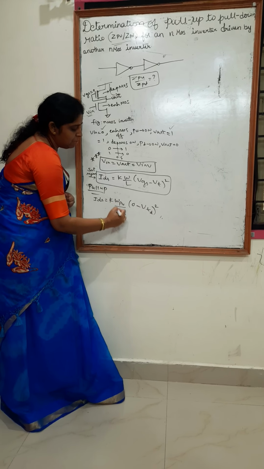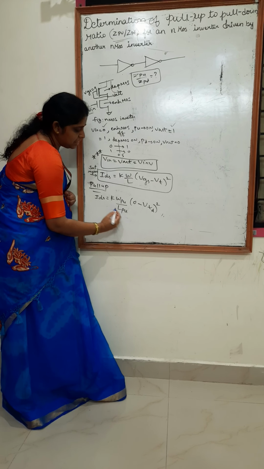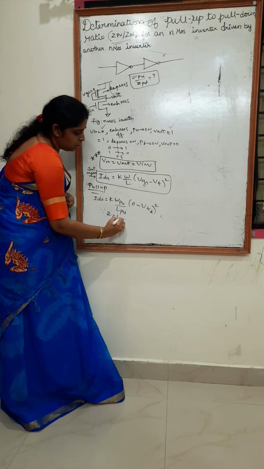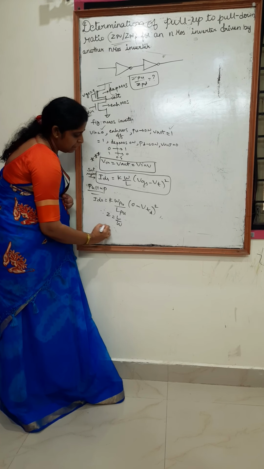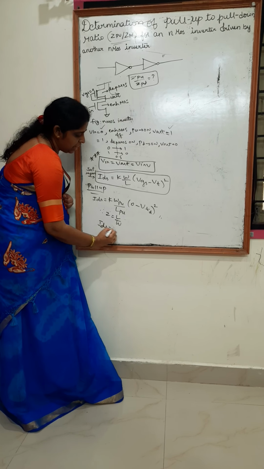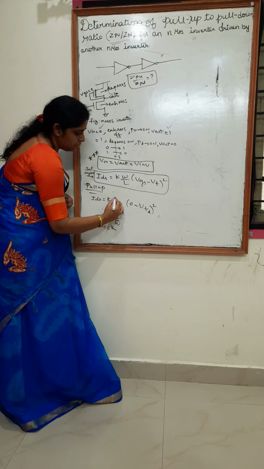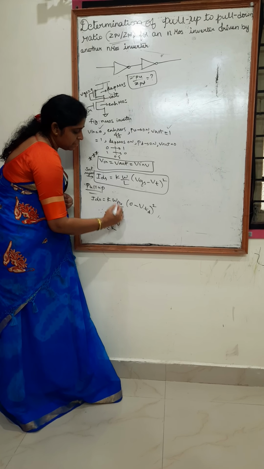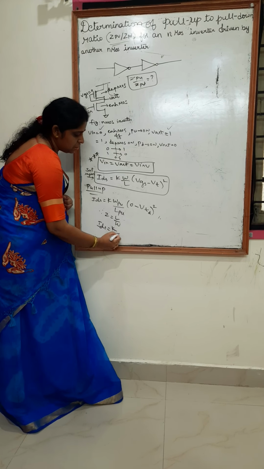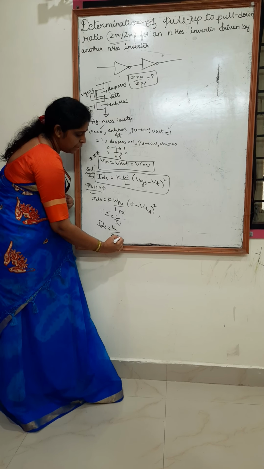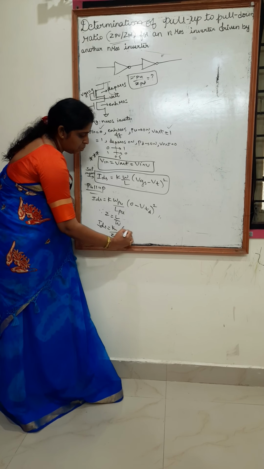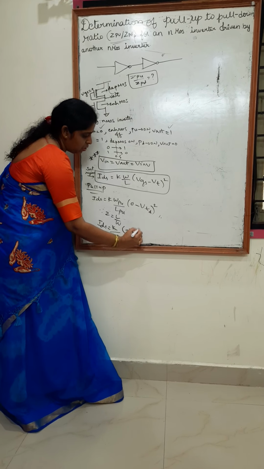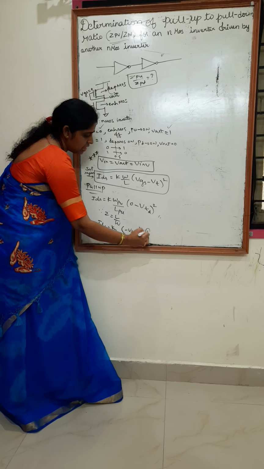We can make W by L nothing but 1 by Z, since we know Z is equal to L by W. So IDS is equal to k by ZPU into minus VTD whole square. This is equation 1.